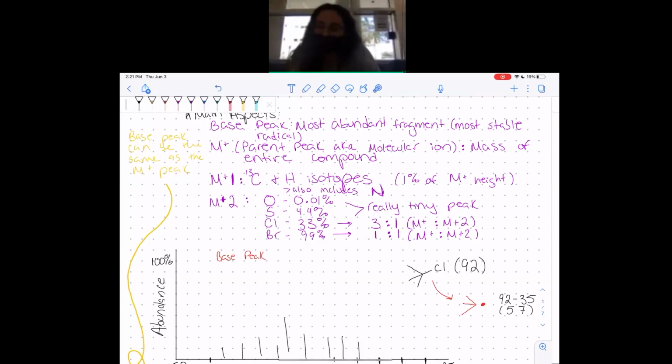The M plus peak is 3 times the height of the M plus 2 peak. Bromine has a 99% abundance, which means it has approximately a 1:1 ratio. And what that means is that the M plus peak and the M plus 2 peak are essentially going to be the same height or close to the same height.